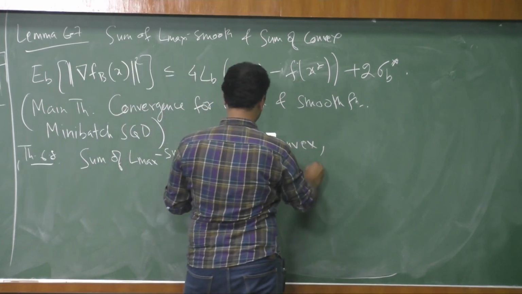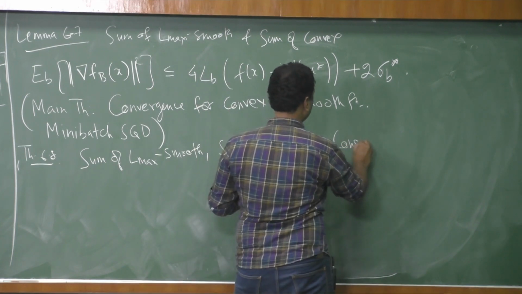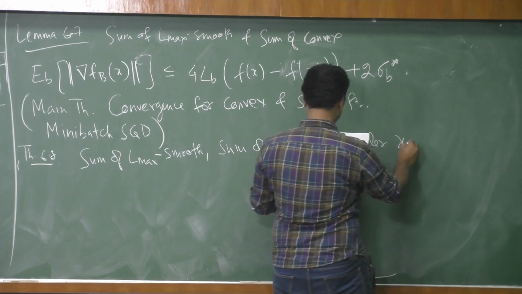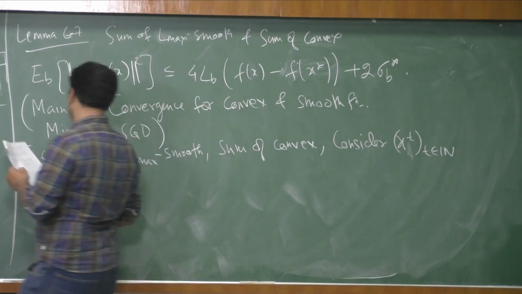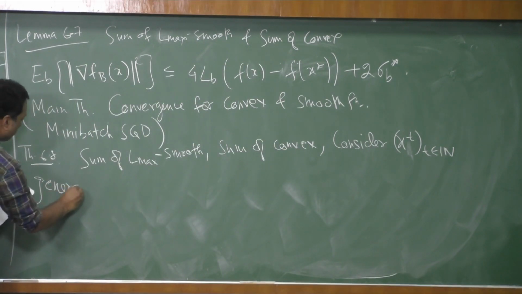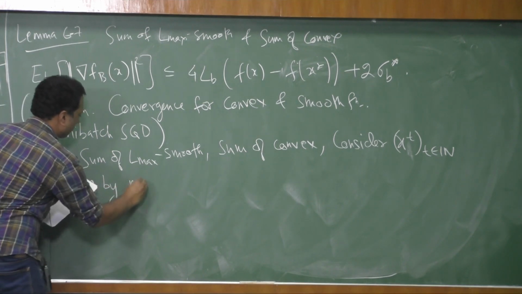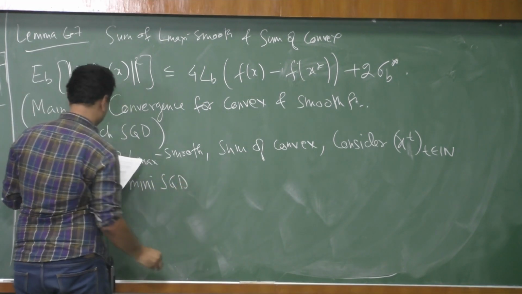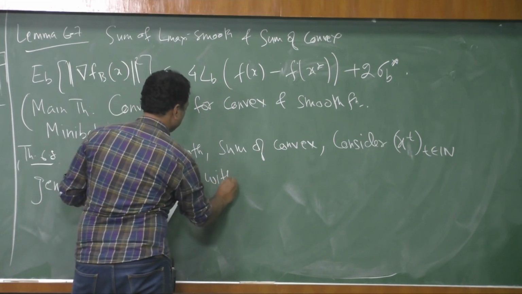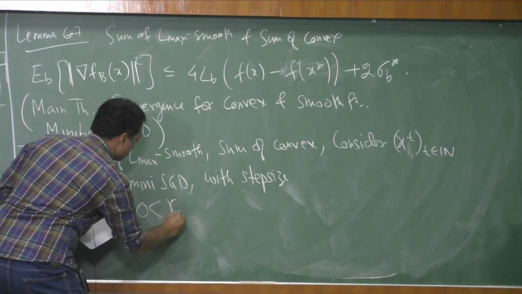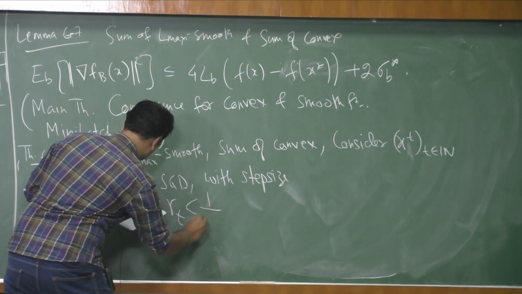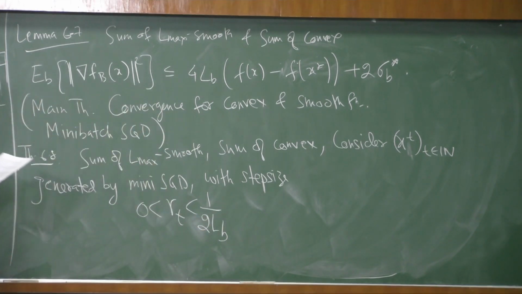convex, and consider x_t, which are the SGD iterates generated by mini-batch SGD with a step size 0 less than gamma_t less than 1 by 2 L_B. Okay, and then we have this bound on F(x_t) and F(x star).